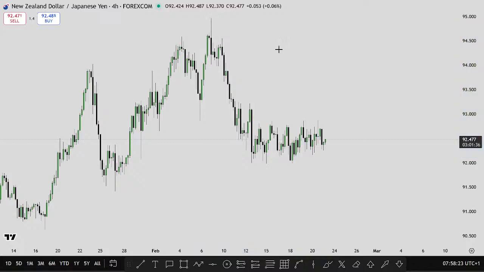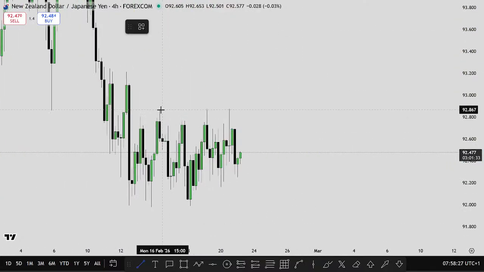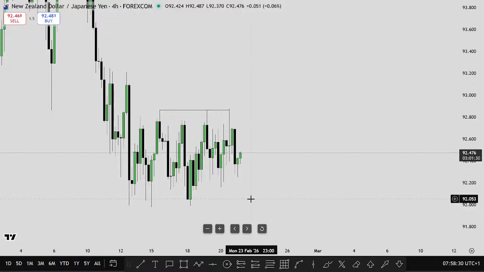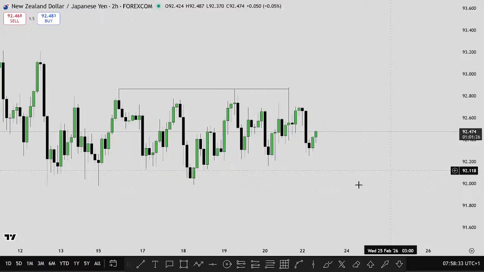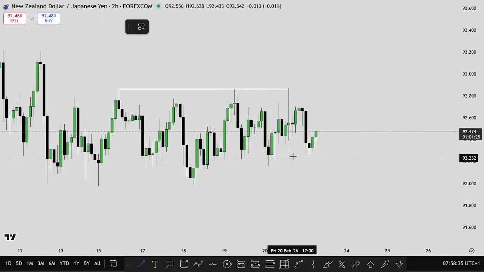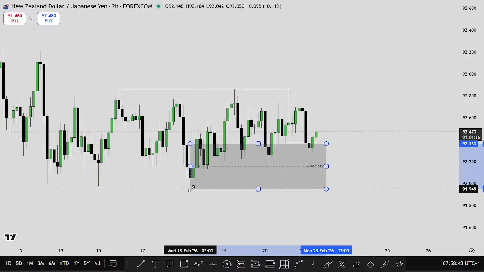Maybe a second breaker structure here will suffice. I believe price is going to drop from here because this is liquidity and this is an unmitigated OB.